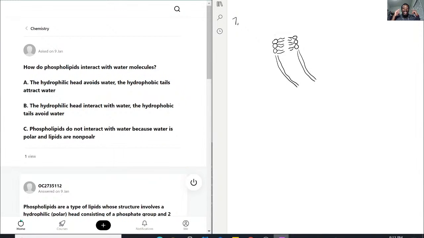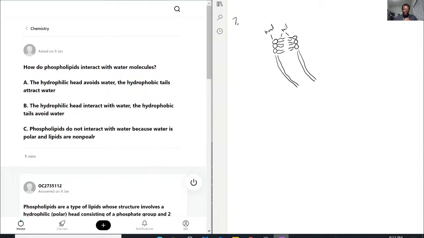And it's because I remember this that I can tell how it interacts with molecules. And like I said, this will be the head and this will be the tail of it. Okay? So now let's see what each answer says. It says a hydrophilic head avoids water. The hydrophobic tails attract water.